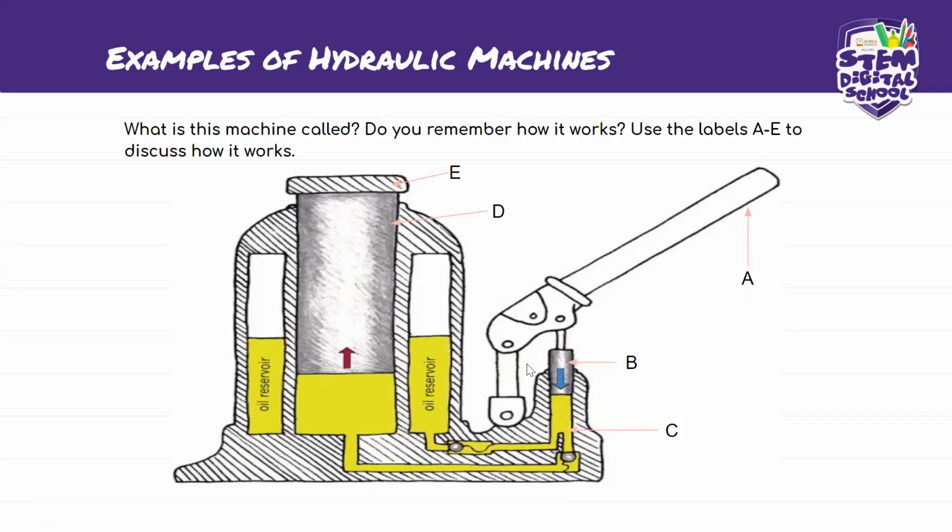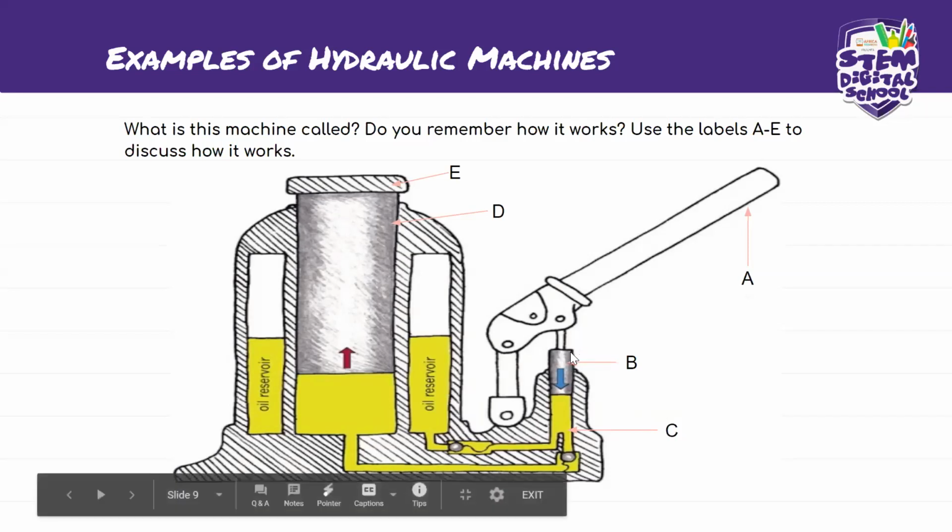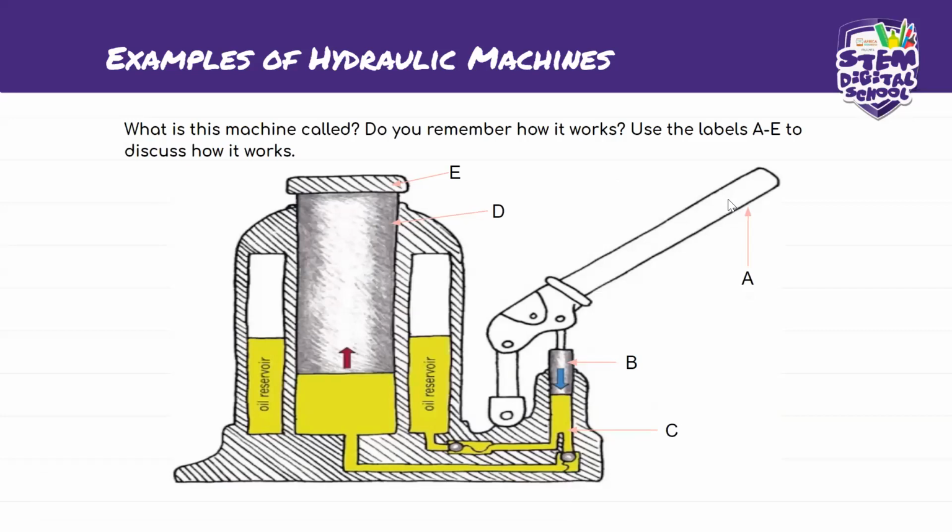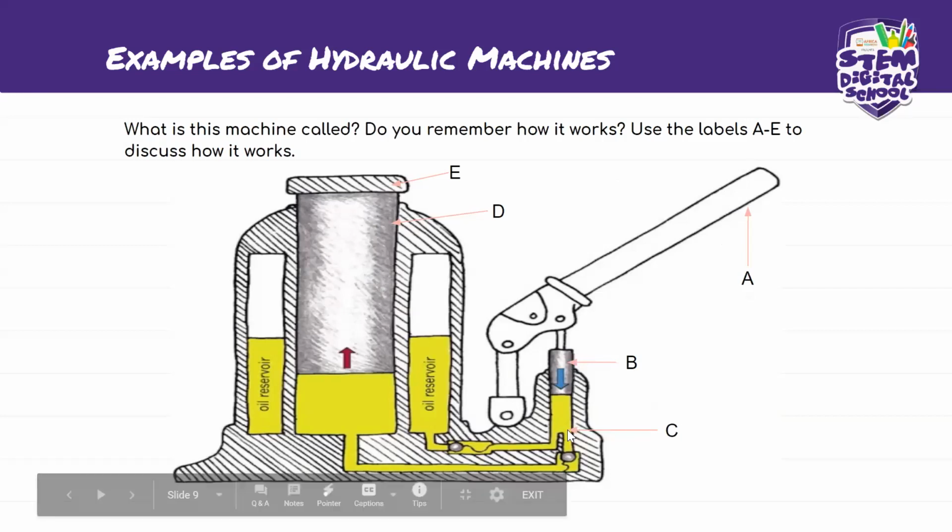So what happens to it when the input cylinder goes down? It is being pumped by the lever. The input is here on the lever, and the pumping on the lever pushes down the input cylinder. Then the input cylinder will have some action on the hydraulic fluid. What will the hydraulic fluid do?